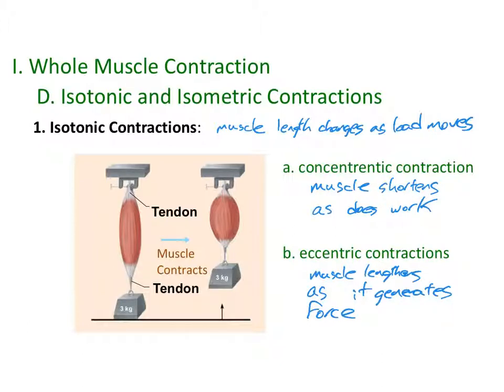So if a muscle is being pulled longer, an eccentric contraction means that muscle is resisting being pulled longer. You would use this if you're putting that heavy item down. So you're basically lowering it gently to the floor. You're using an eccentric contraction for that sort of force generation.